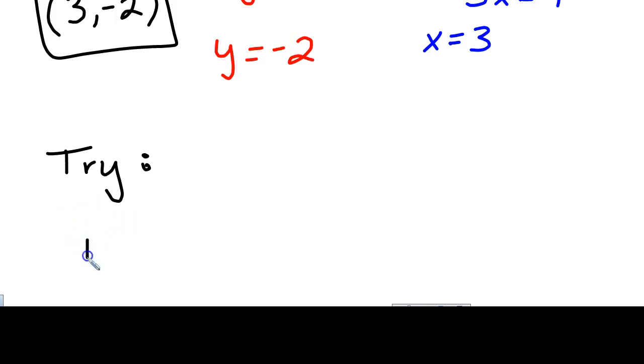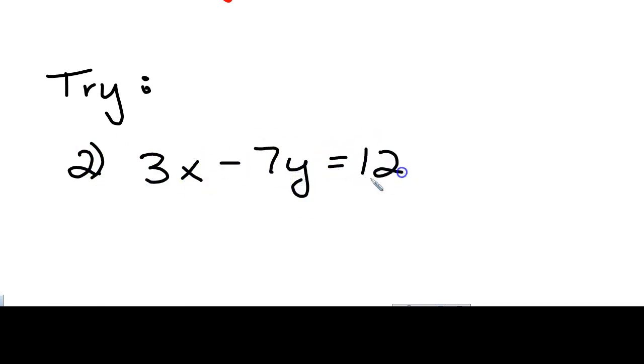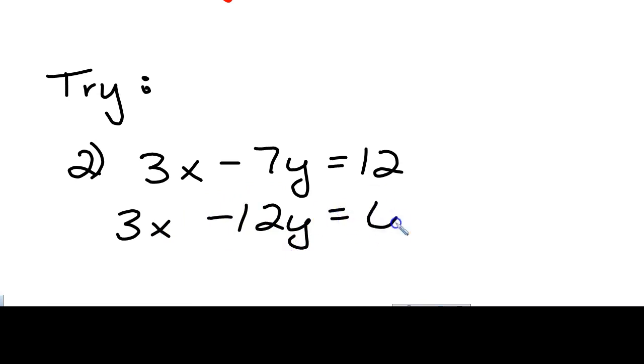Okay. So here's number 1. We're going to say if y equals, oh, we didn't talk about one like this. Okay, we're not going to get in that deep. I'm going to skip that one. We'll talk about that next time. So 3x minus 7y equals 12, and 3x minus 12y equals 6.